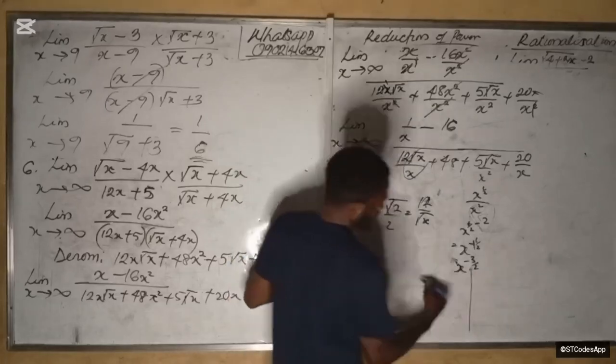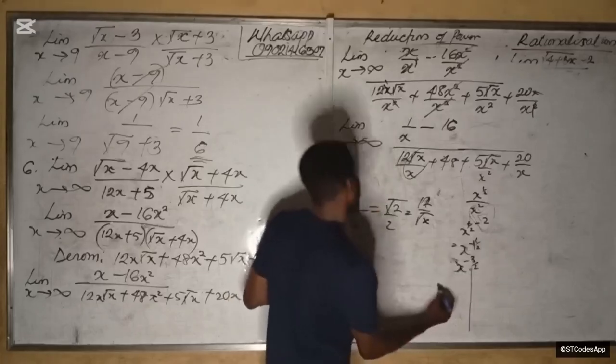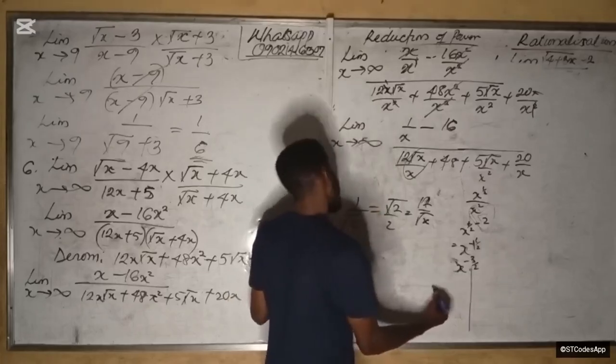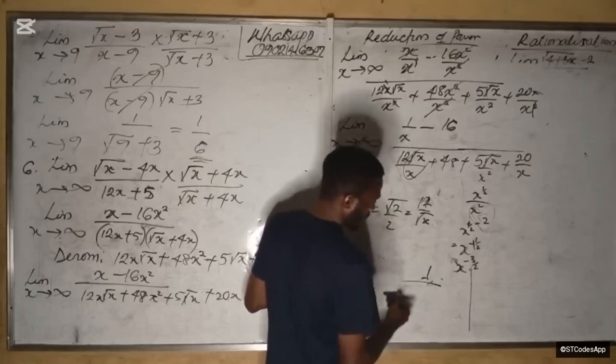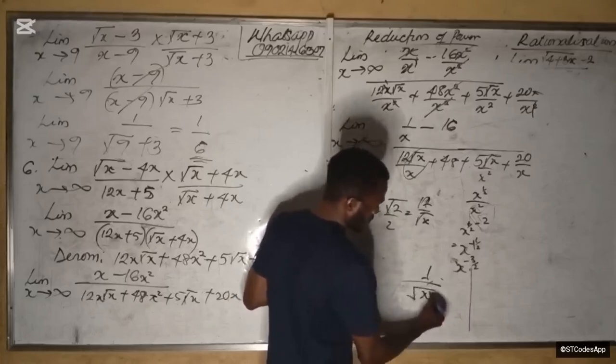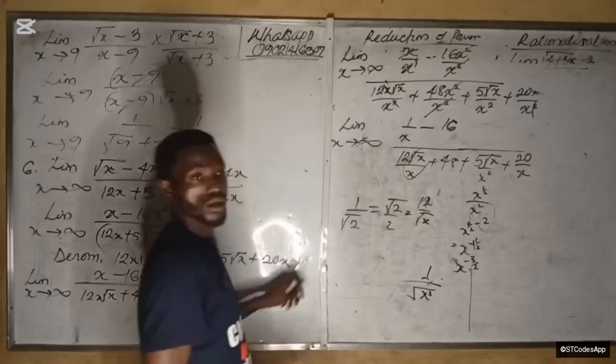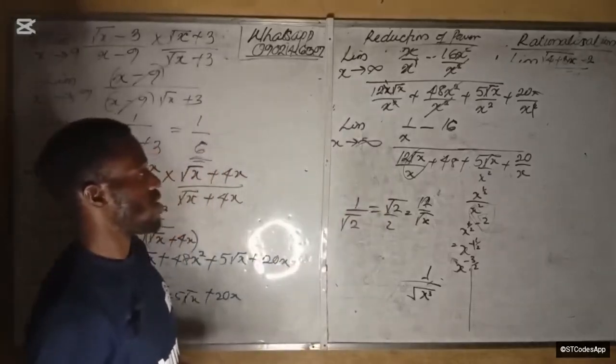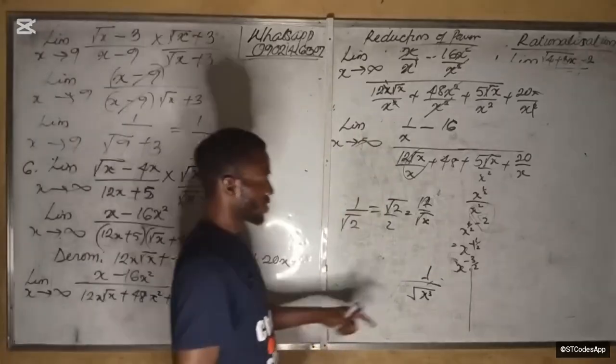This can be written as 1 over the square root of x cubed. Look at the manipulation I did here.